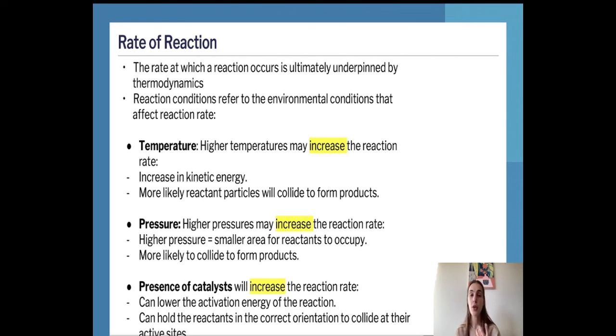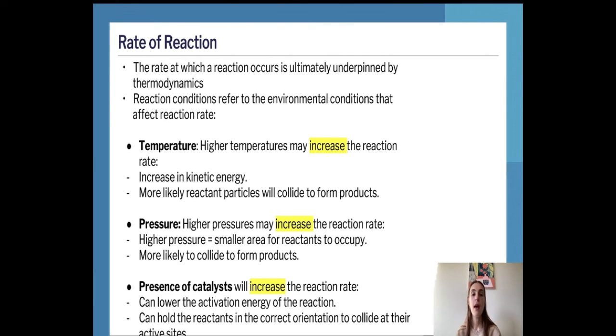When the particles move around more, they're more likely to collide, to react, and then create a product. Remembering they have to collide at the correct orientation at or above the activation energy in order to form products. So if there is this increase in kinetic energy and more collisions, it is more likely that the reactant particles will collide to then form products.